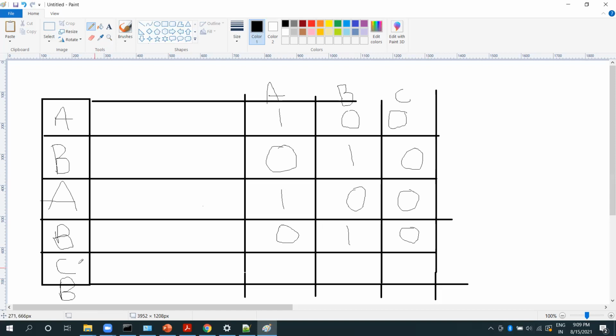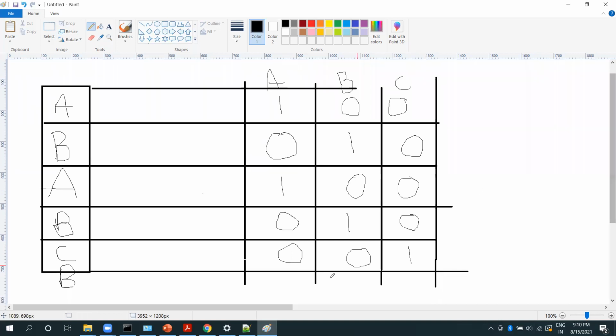Similarly for C, we put 1 for C and 0 for the rest. We call this vector a one hot vector because only one value in the entire row is 1 and the rest are 0.